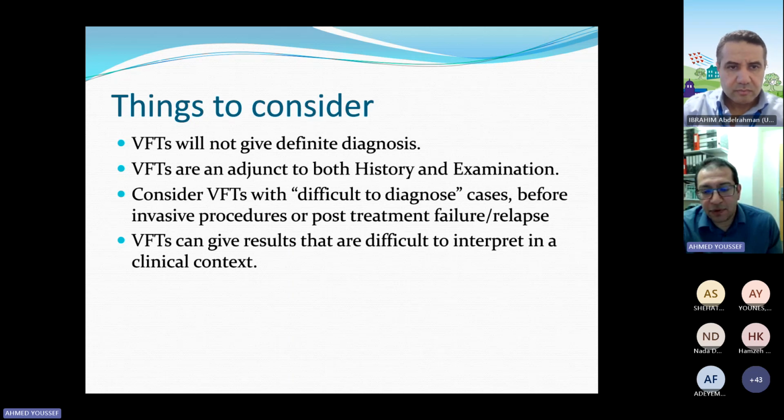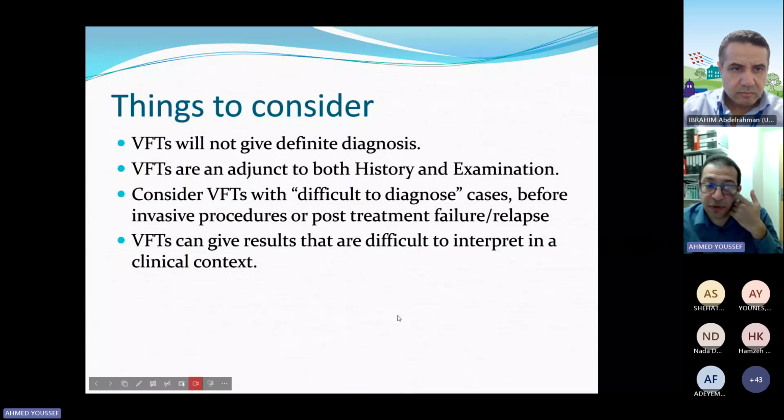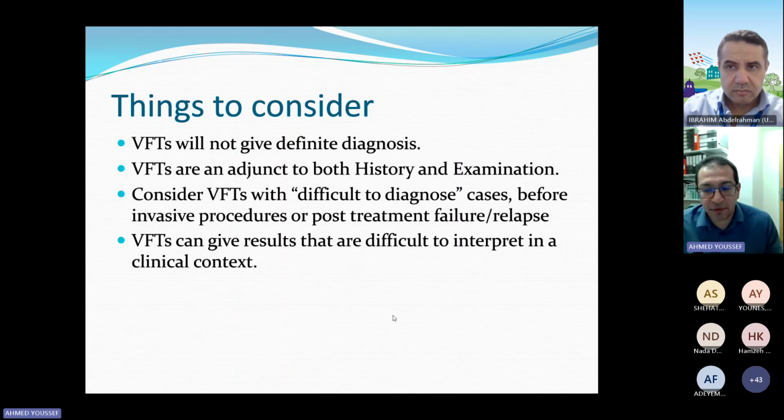I have to say just one last thing, that you have to be careful when we do the vestibular function test. They can sometimes give results that are difficult to interpret. So of course, we all sometimes see the difficult patients where you don't know what's going on. You think that there is a high psychological overlay, and you say, okay, I'm going to send them for a V-HIT.